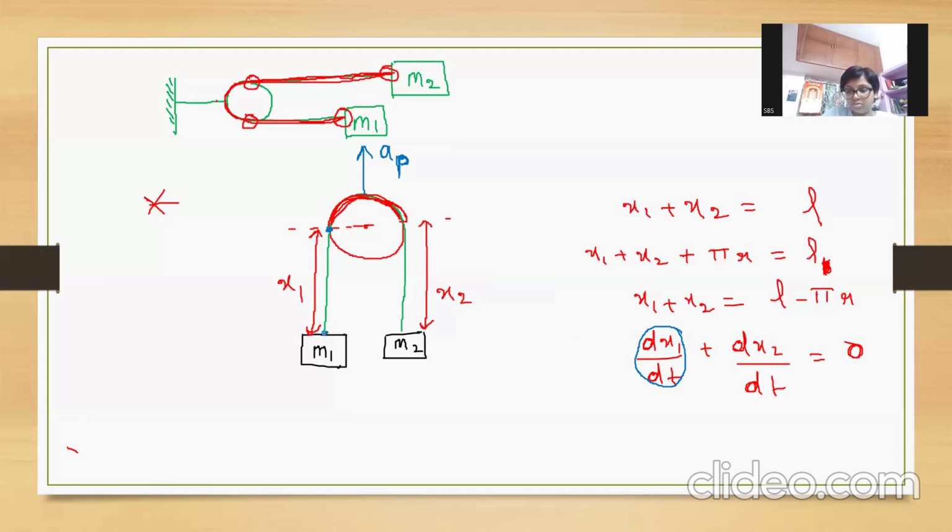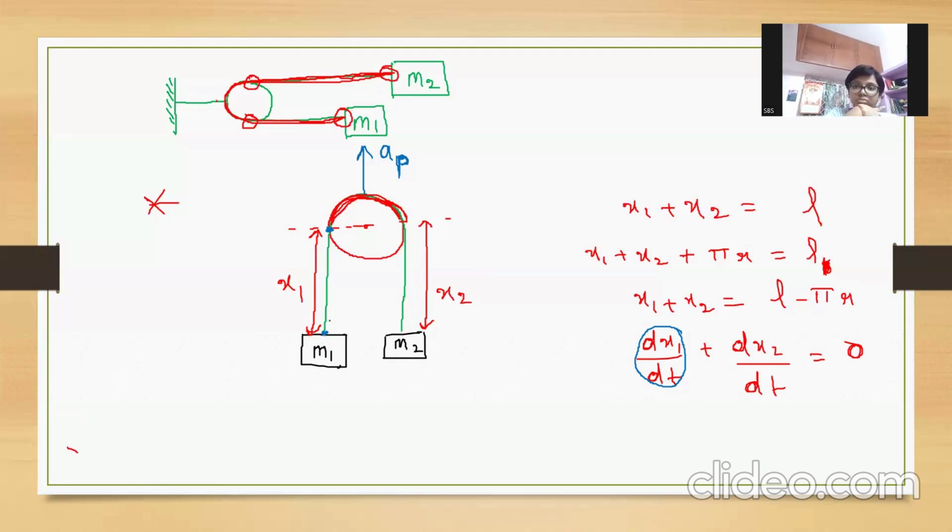This end is connected with m1 and this end is connected with the pulley. This point is lying on the pulley, so the rate of change of x1 depends on the pulley. Actually, you can't say it is the velocity of m1.